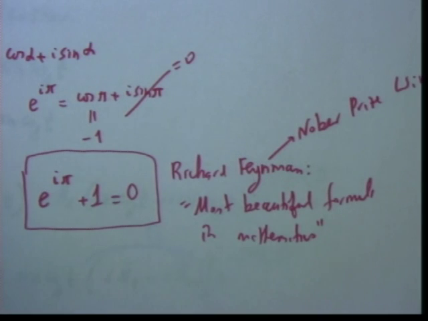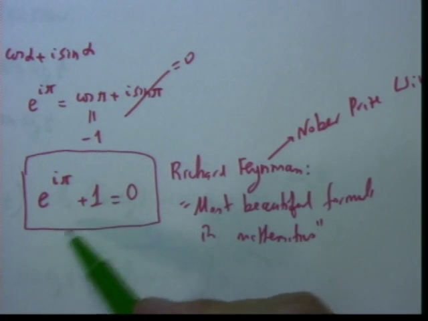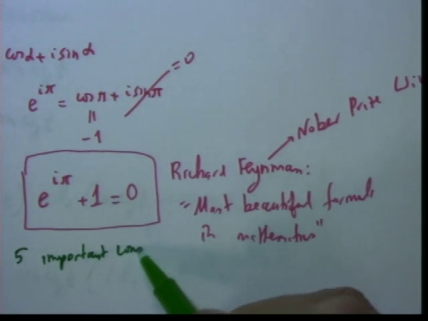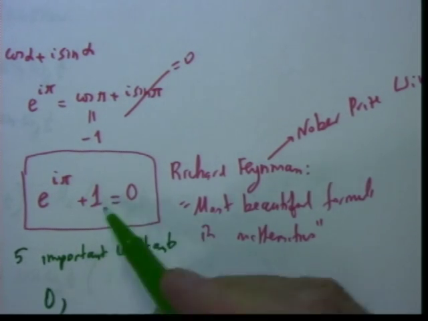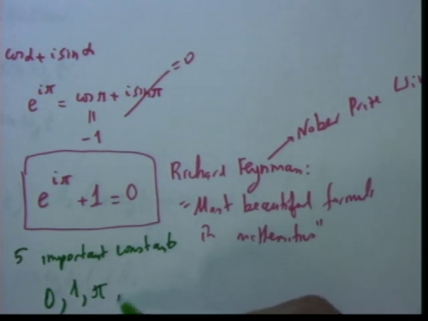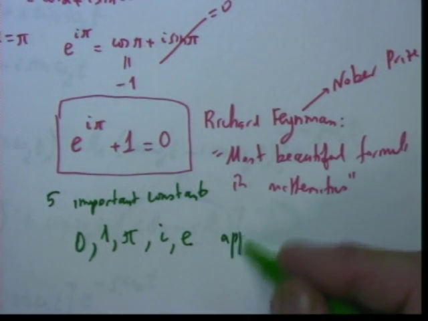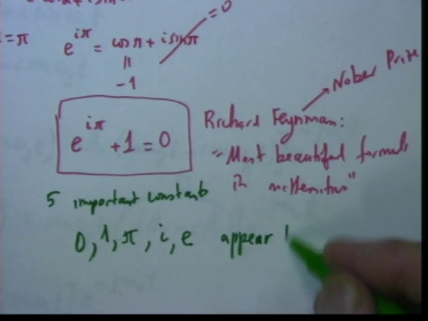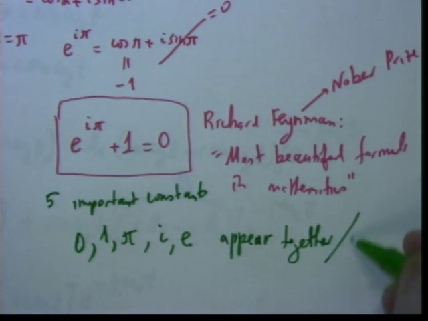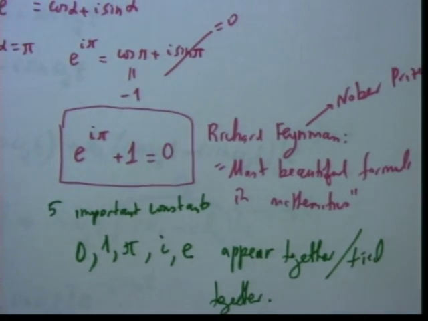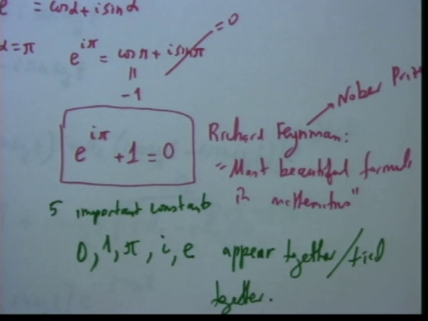Now, what is interesting here is that 5 important constants, 0, 1, pi, i, and e, appear together. They are tied together. It's very nice, things are interconnected. So 0, 1, pi, i, and e.